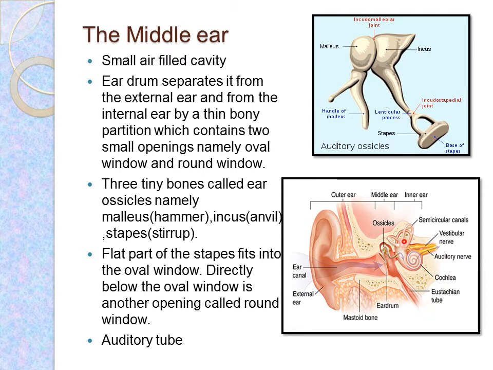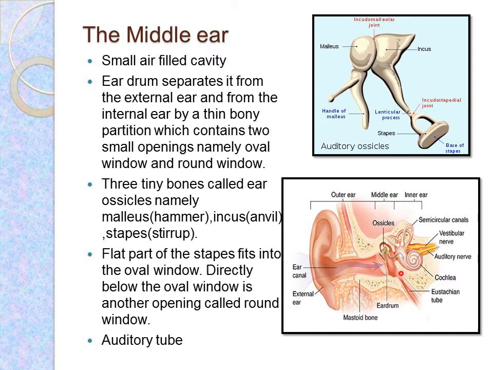Now it is a small air-filled cavity, the middle ear, containing three bones or auditory ossicles, namely the malleus, the incus and the stapes. Now this flat part of the stapes is joined to the internal ear. How? Through the oval window. Now just below the oval window there is another opening called the round window, through which the auditory tube opens.